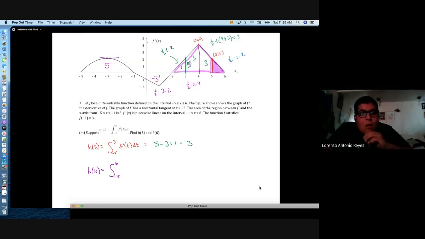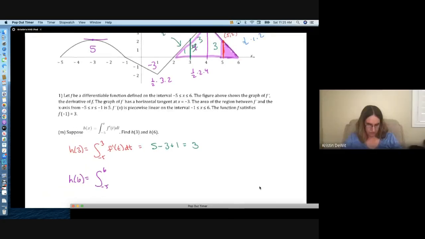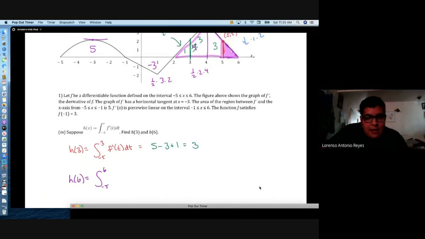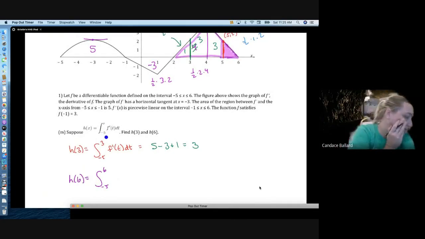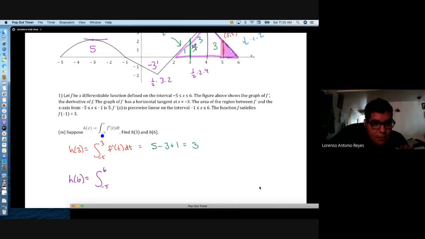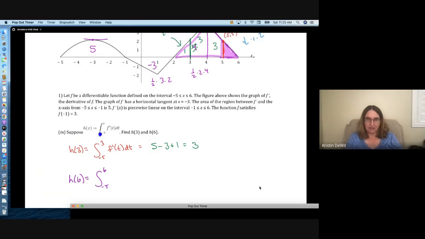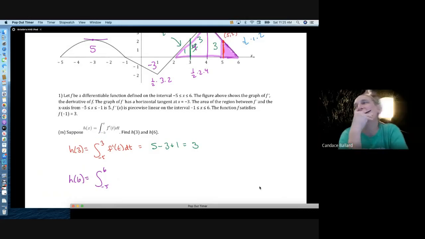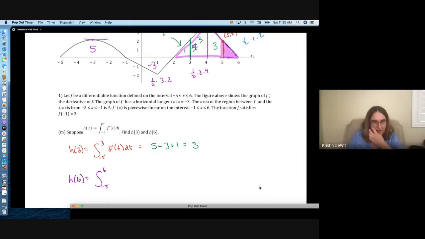Because on our worksheet, it says h of x is equal to the integral of -3 to x of f prime of t. That's -5. That's a 5. Right there? You're talking about right there, right? Yeah, it's a -5. They are kind of hard to read, though.